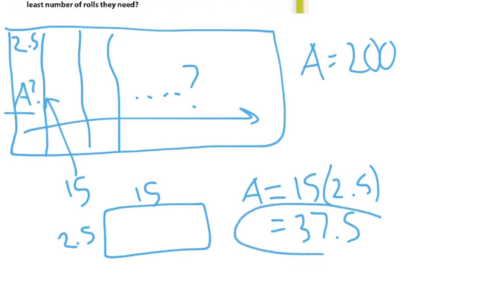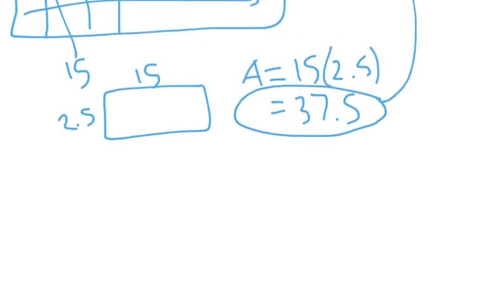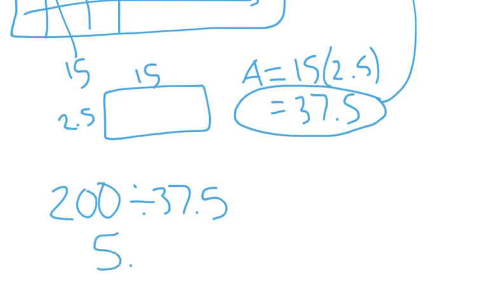We'll now take this information and we are going to divide it into 200. And that's going to tell us how many of these rectangular sheets or rolls of cloth we're going to need for the curtain. So 200 divided by 37.5. And given how complicated some of these numbers are, you guys can use calculators for this. Because when we crunch the numbers for this one, we end up getting 5.33 repeating.